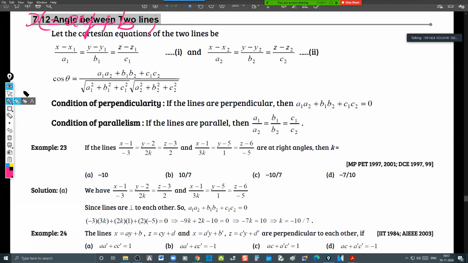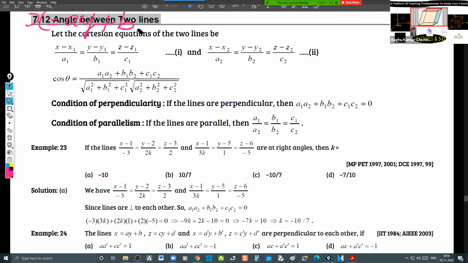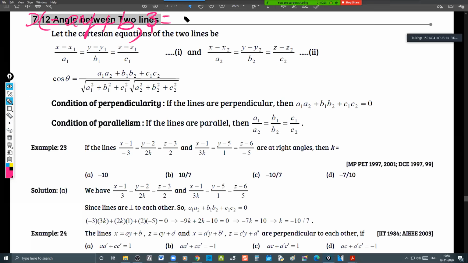A1 A2, B1 B2, C1 C2. Nothing is there in between, plus. Come on, tell me the entire formula, please. A1 A2 plus B1 B2 plus C1 C2 equals 0.